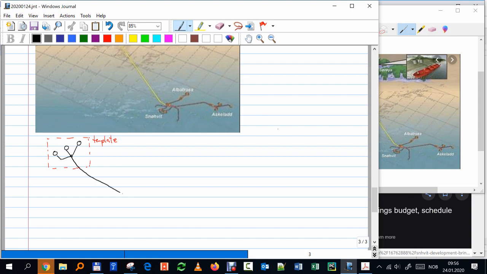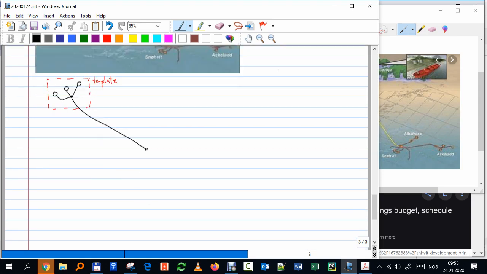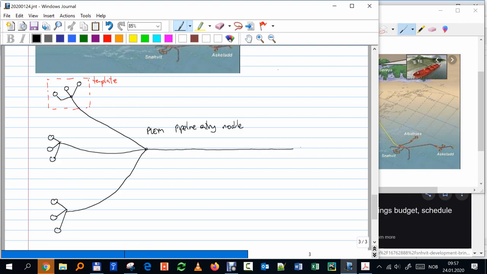I have three templates, and they join at a common point, which is the PLEM, the pipeline entry module. Then we have a long transportation pipe that goes to shore, to the separator and to this LNG plant.